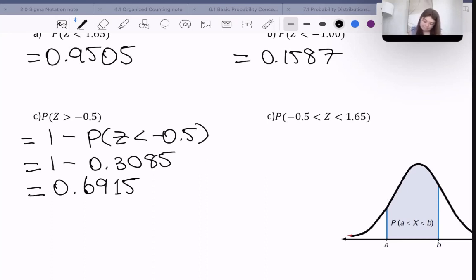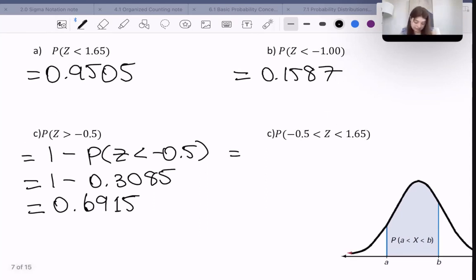Okay, the next one here is asking what's the probability it's between 1.65 and negative 0.5? So that's a good question. Let's think about that. Basically, how would we determine that?